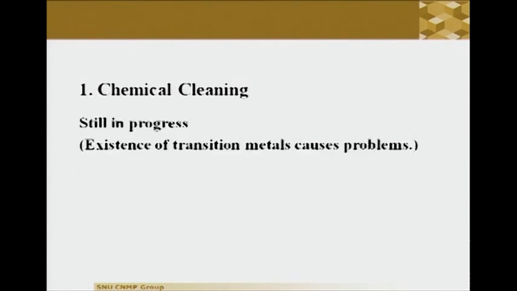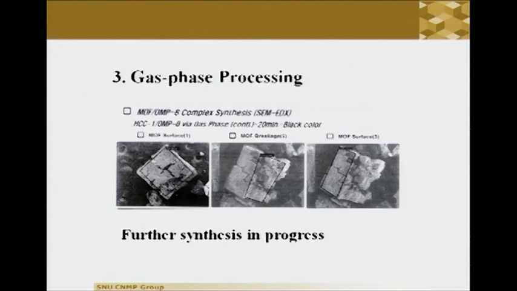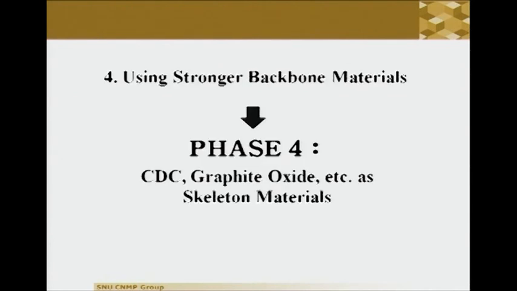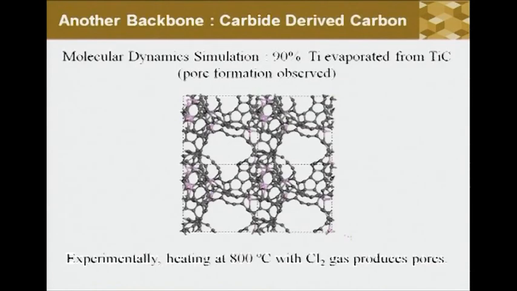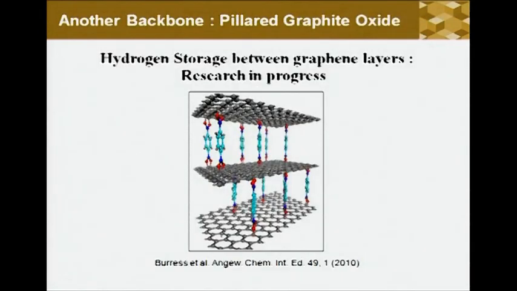We are still trying 4 different methods. And also for the skeleton material, we are considering carbide-derived carbon like this, which we already made. Also, we are working on graphite oxide.